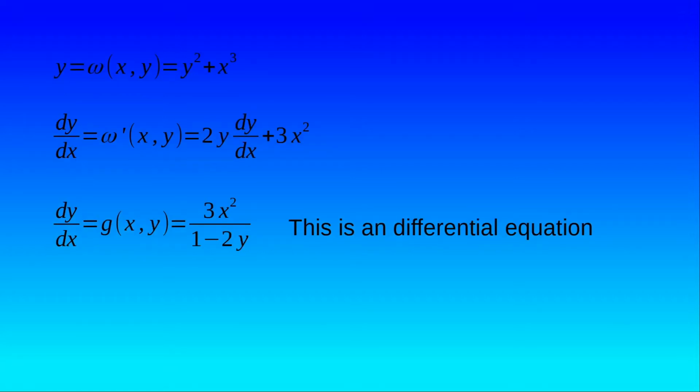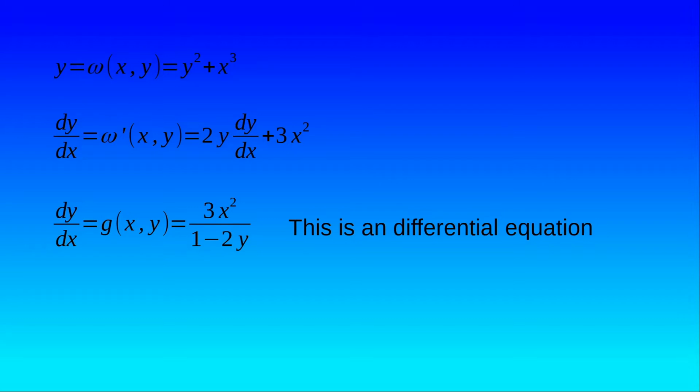Similarly, we can write a differential equation of two variables where y is a function omega of x and y, which is equal to y square plus x cube. Now, if we differentiate it, we get omega dash x y, that is the first differential.